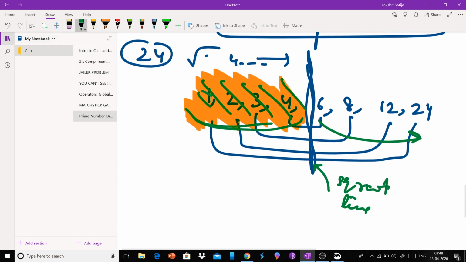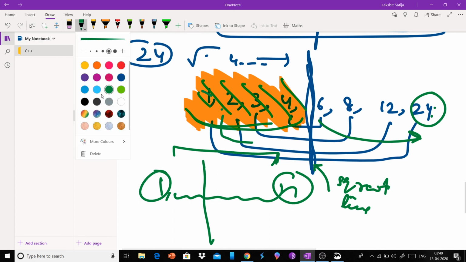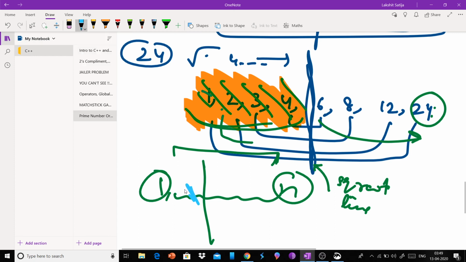We are starting from two, and we are also excluding the last number, 1 and 24, right? We are excluding these pairs. We are considering from 2 to n minus 1. So if there is no divisor lying here, then surely there will be no divisor lying here, right? We can surely say this because of this concept, right?